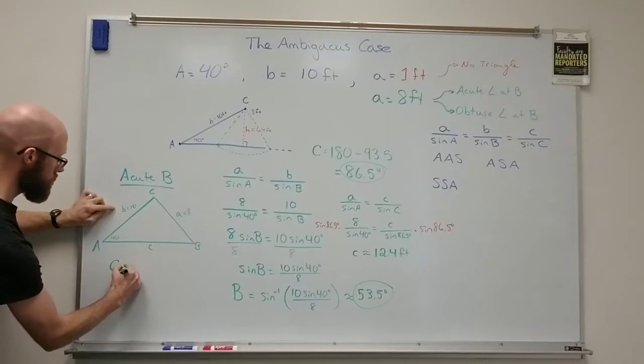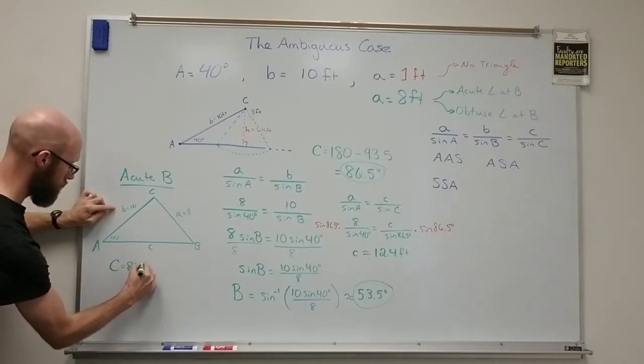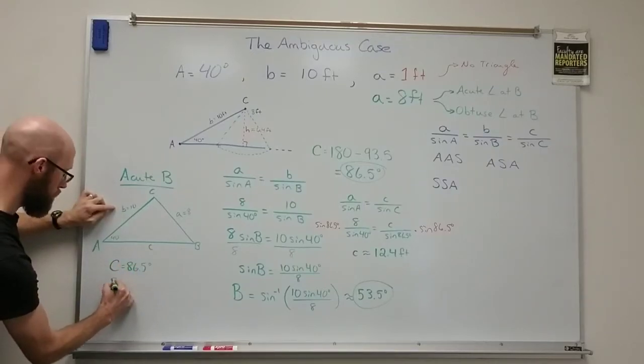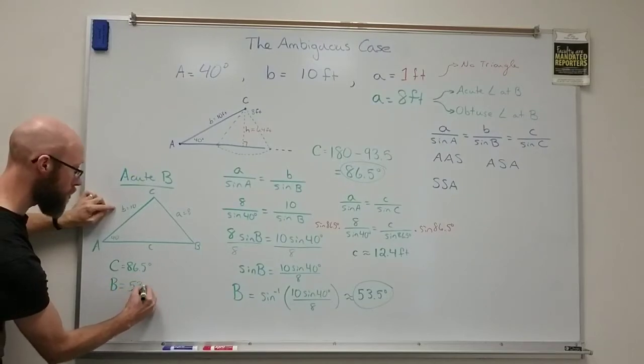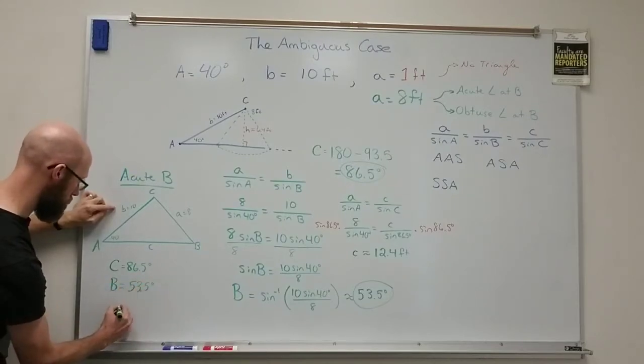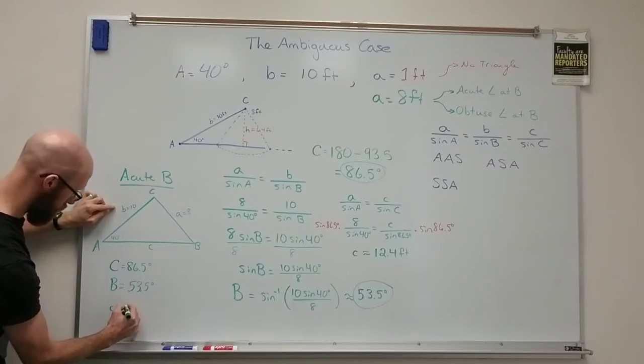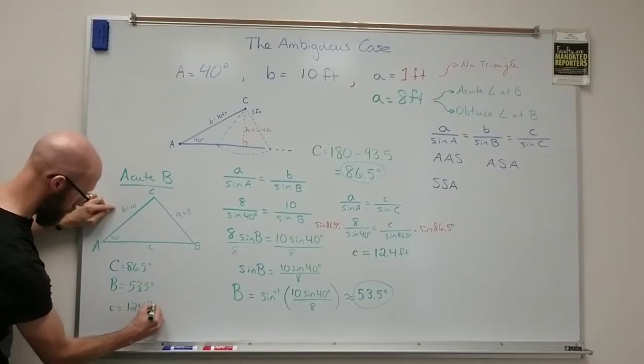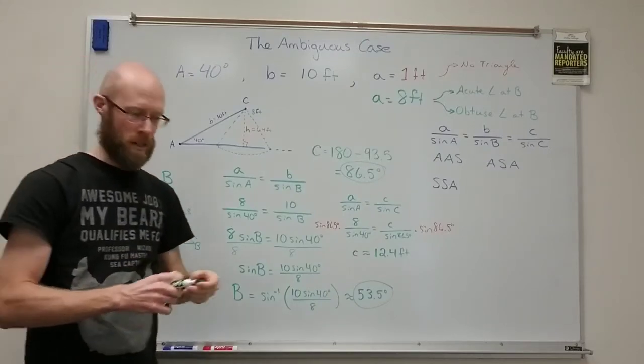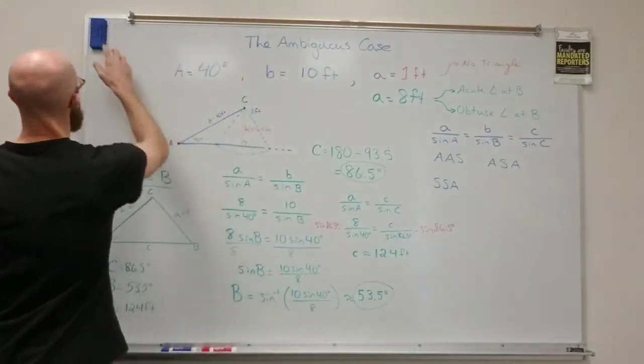Big C is 86.5 degrees, big B is 53.5, and little c, we'll put 12.4 feet. Of course I should make those approximate, but I threw equal signs on there.